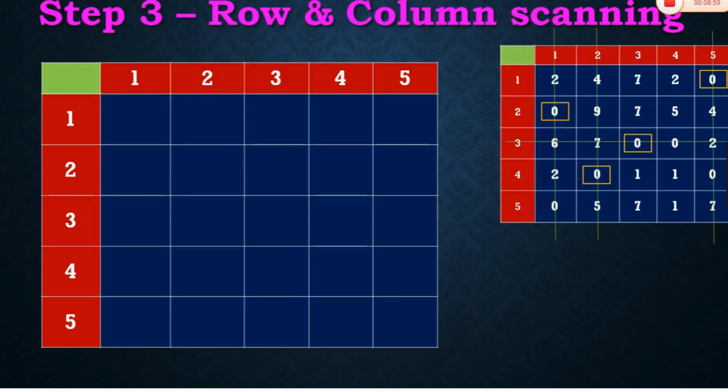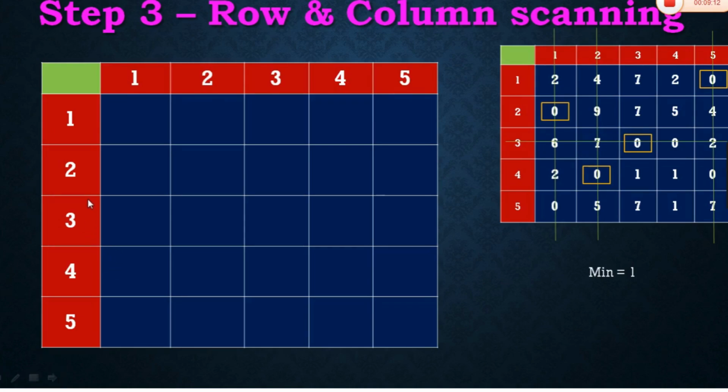The next step after row and column scanning is to identify the minimum undeleted cell value from the matrix. In this slide, the matrix shows 1 is the minimum value. In this matrix, 1 is the minimum undeleted cell value.